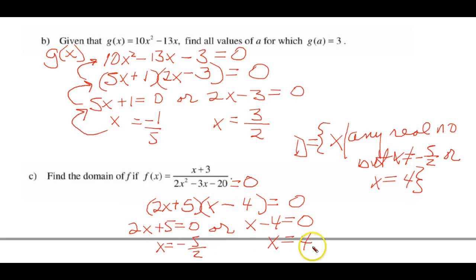Because if you put these values into this expression in the denominator, it would make the denominator a 0. So this is where sometimes this technique of finding the zeros has another use in defining the domain, excluding those values that make your denominator a 0. Okay, 2 more topics and we'll be finished with Chapter 2, Module 2.